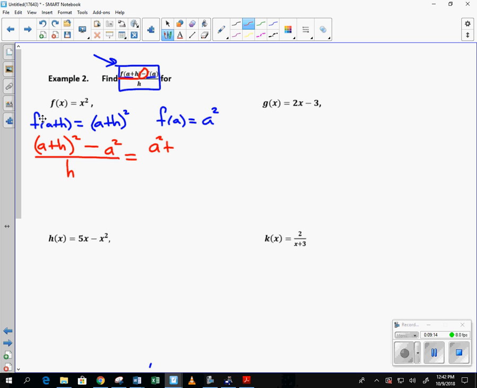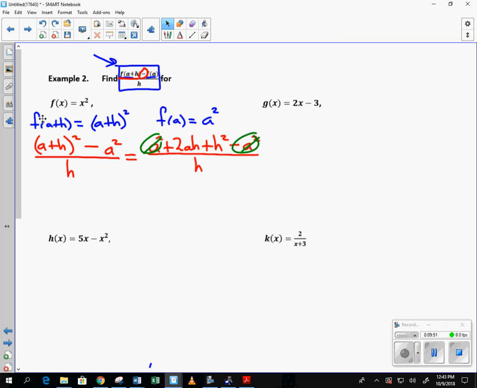Plus 2ah plus... when you expand it, if you did it correctly, everything that does not have an h should cancel. Everything that does not have an h should cancel. What cancels? Gone, gone. That would mean that everything that remains has an h involved in it.